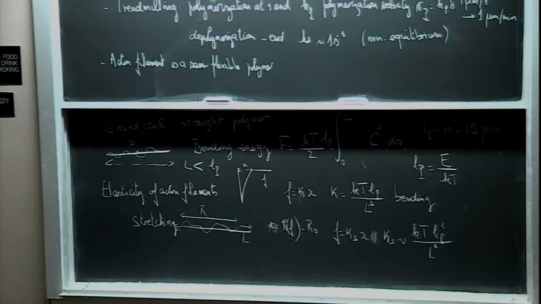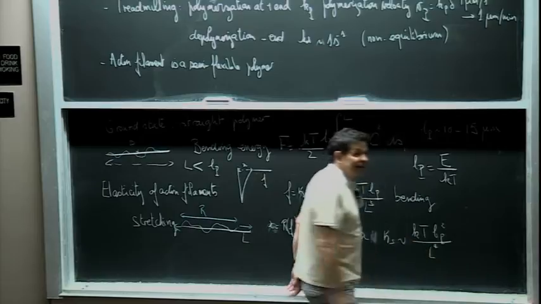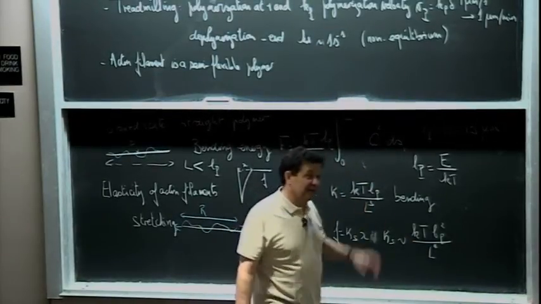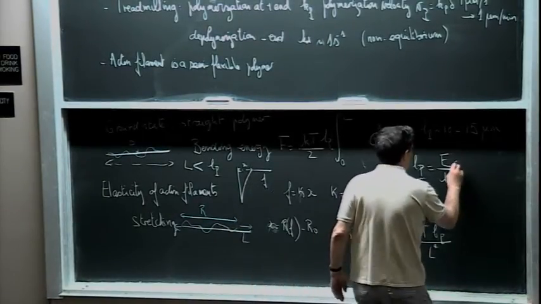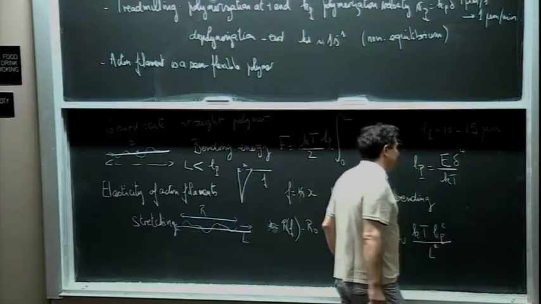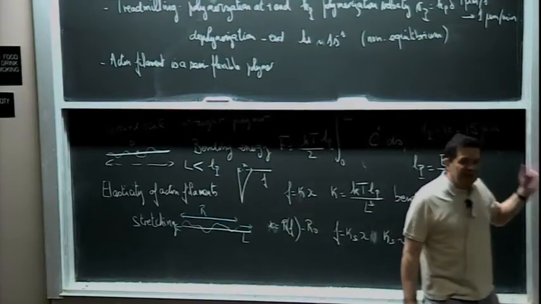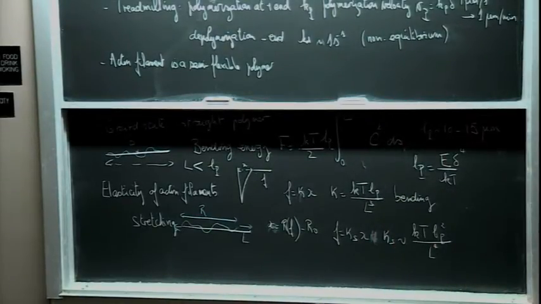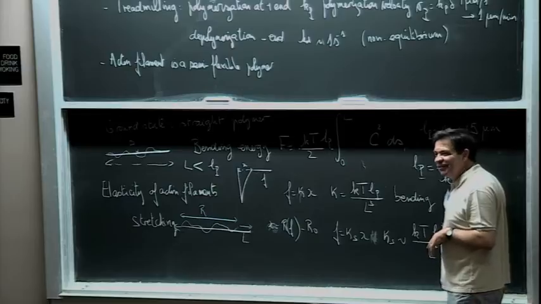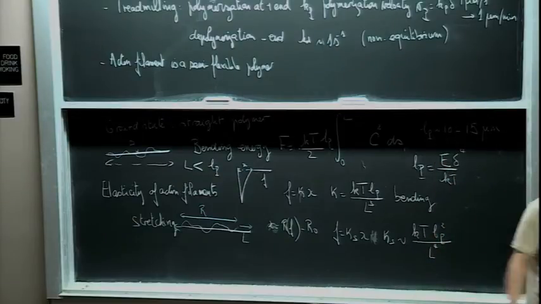You agree with me that the local bending modulus cannot depend on the total length. So the only thing I can have here is the diameter of the filament, or the radius of the filament, and I have to put a fourth power here. And then there is a numerical prefactor that depends on the Poisson ratio of this material and things like this, but this is of order 1. So if I want to calculate the persistence length of a filament, I should do it like this.